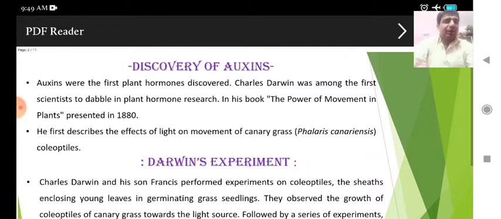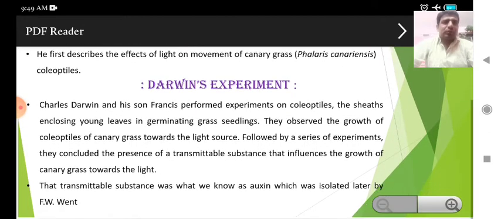In that particular coleoptile there is a presence of some components that have the power of movement in the plants. That's why Darwin proposed this concept in Phalaris canariensis coleoptiles. So what was Darwin's experiment?